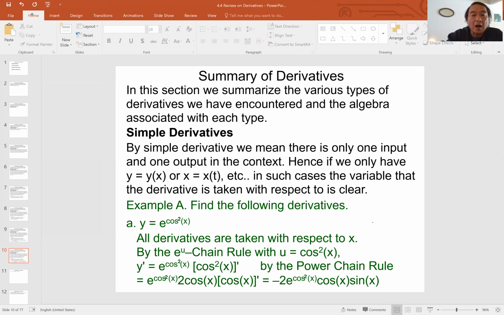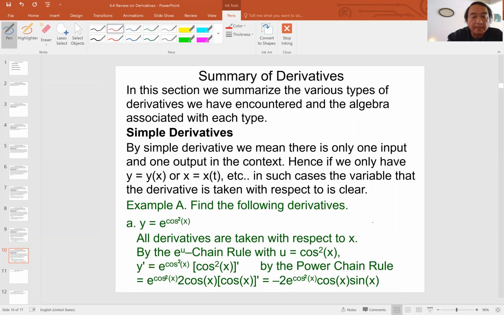And we finish with these as the answers. Notice I'm using the prime notation, and in this case the prime is the derivative with respect to x. Since x is the input variable, the prime is always taken with respect to the independent or input variable.